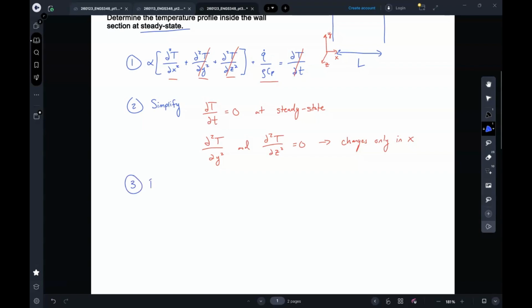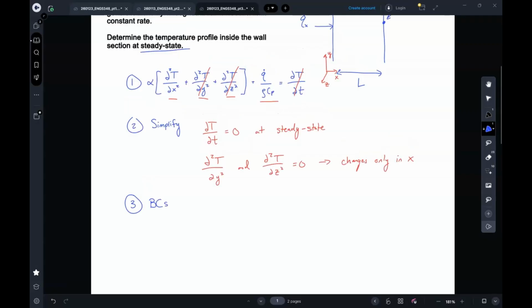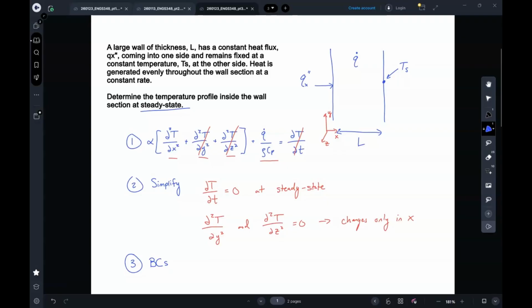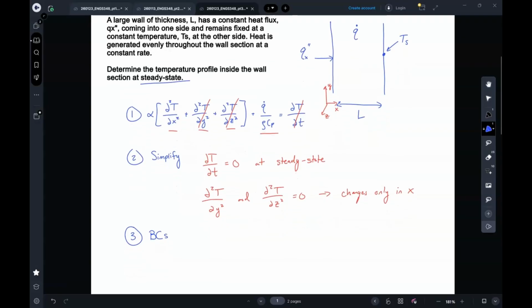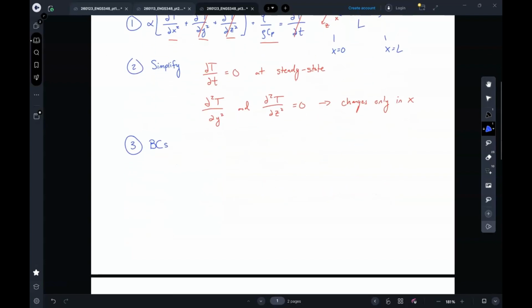Now in our next step, we have our BCs, our boundary conditions. And this is what's happening at the surface. So I'll define this side as x equals 0. And then this side here is x equals length L, because that's the thickness of our system. So our first boundary condition is at x equals 0.